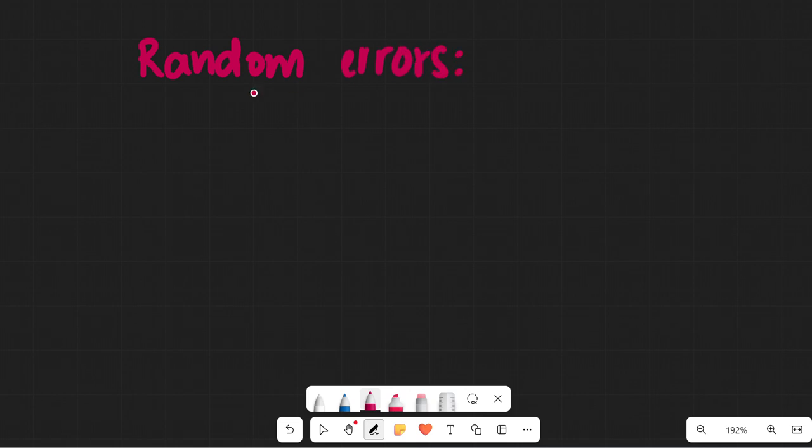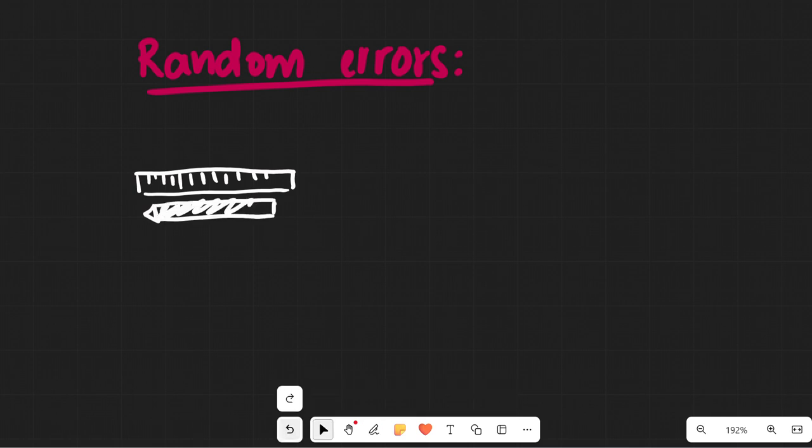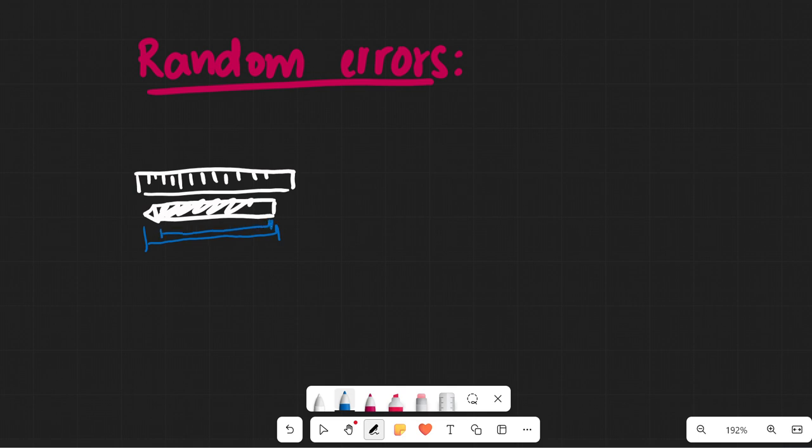Random errors may be, suppose you have a pencil and you want to measure the length of it. You keep a scale, and suppose you want to look at the length. Instead of taking the right length, if you by mistake took this length, then that's a random error.